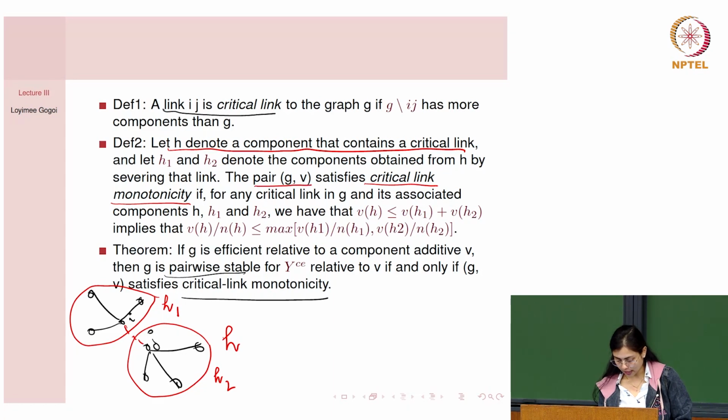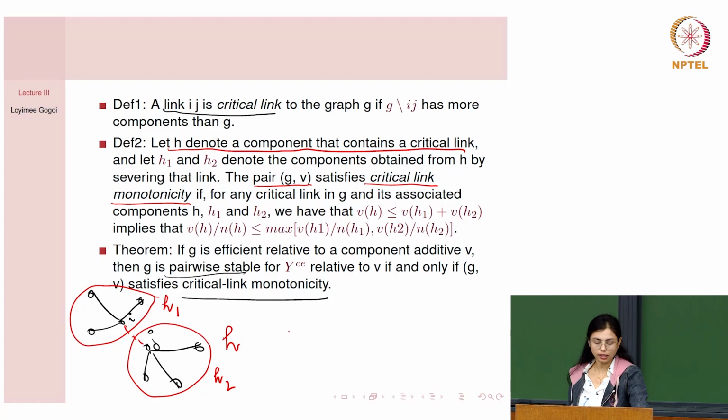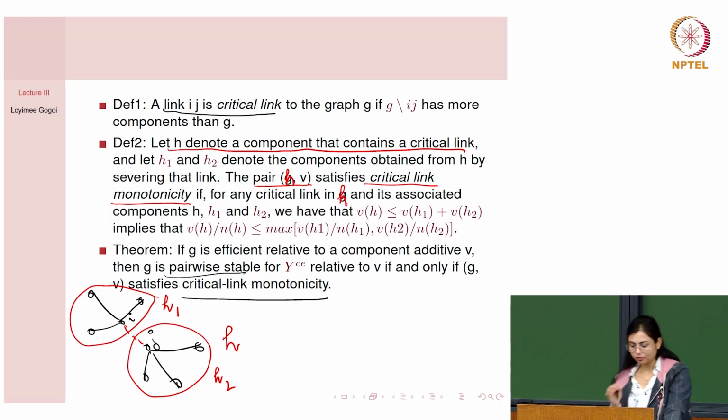So the pair H and v is another game defined on the critical link component. Just a minute, it should be H, not G.